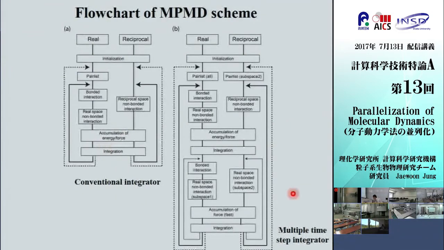In the case of multiple time-step integration, if FFT is required, this processor calculates bonded and real space interaction, and another processor calculates reciprocal space interaction. You accumulate energy and force. But if the reciprocal space interaction is not necessary, this processor does some subspace of the real space interaction, and we can maximize the performance.